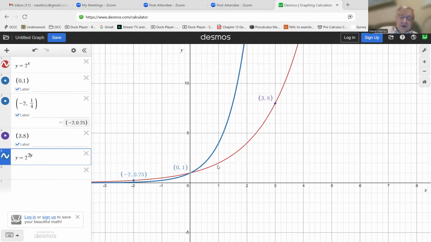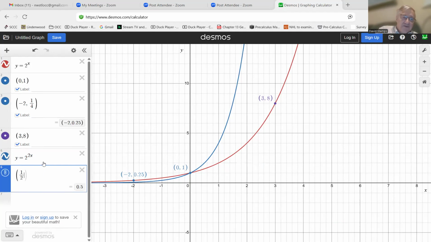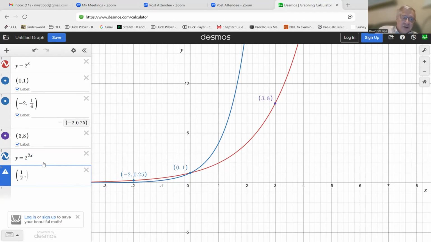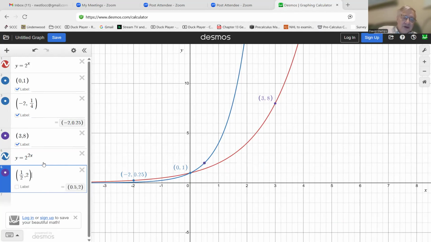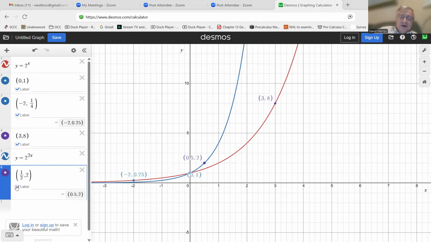Now the x value is only one half of what it was. So instead of 1, 2, we'd have the point 1/2, 2. So this point here, 1, 2 on the original graph, now is at 1/2, 2. There it is.